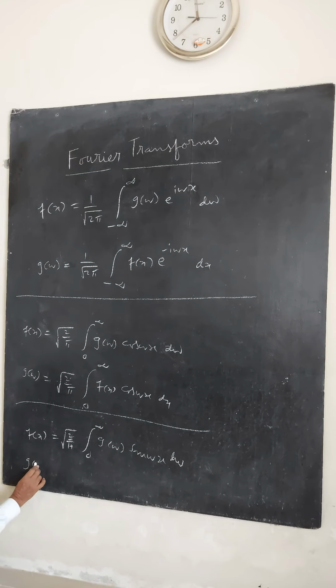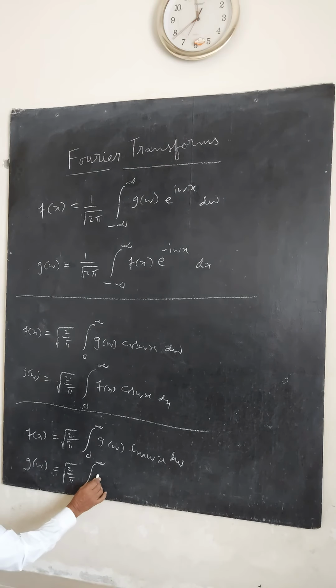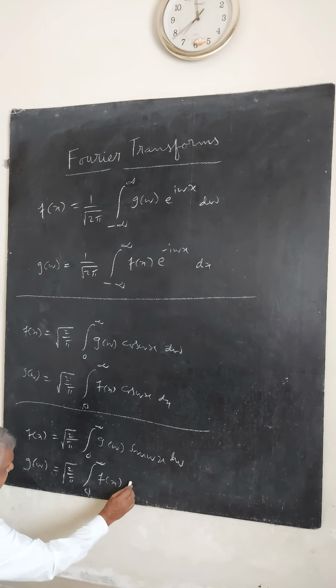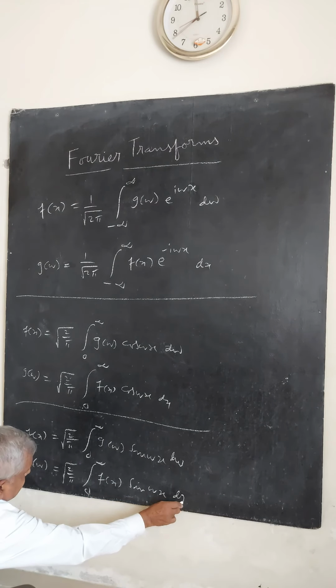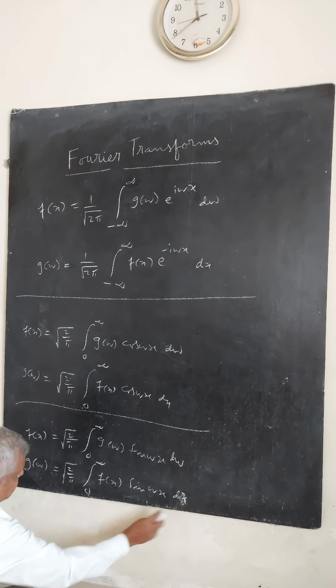Similarly, g omega equal to root of 2 by pi, integral from zero to infinity, f of x sin omega x dx.